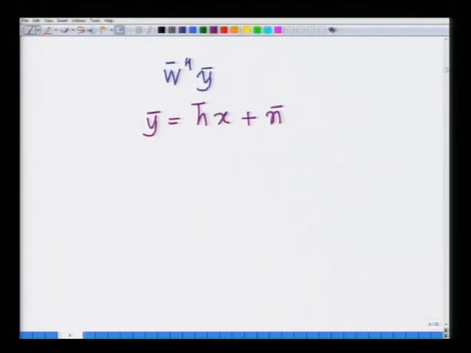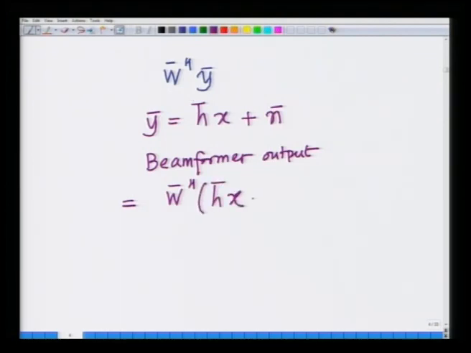Now, I will substitute this expression for Y bar here, hence my beamformer output is nothing but W bar Hermitian into Y bar, and Y bar is H bar x plus N bar.